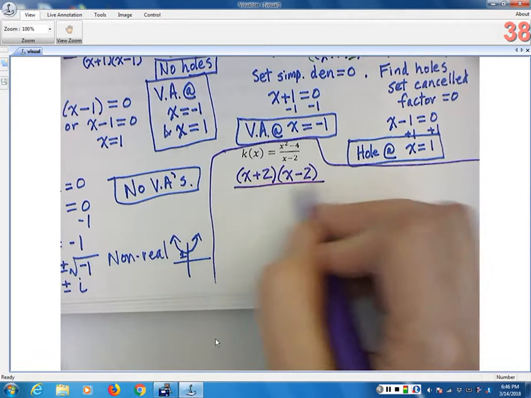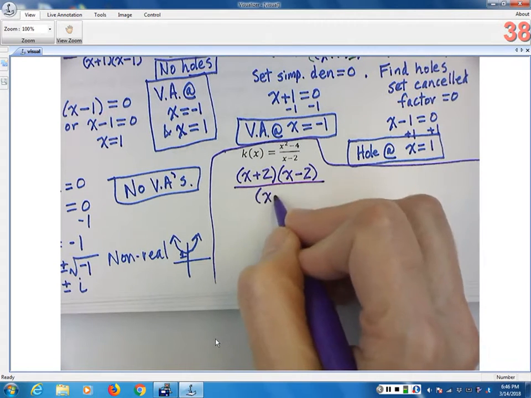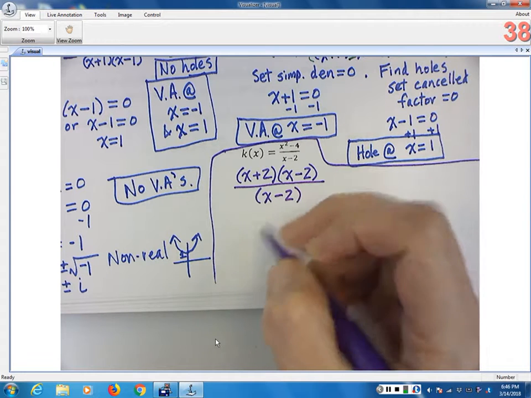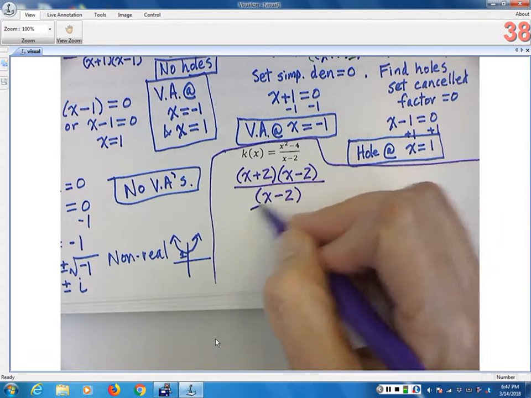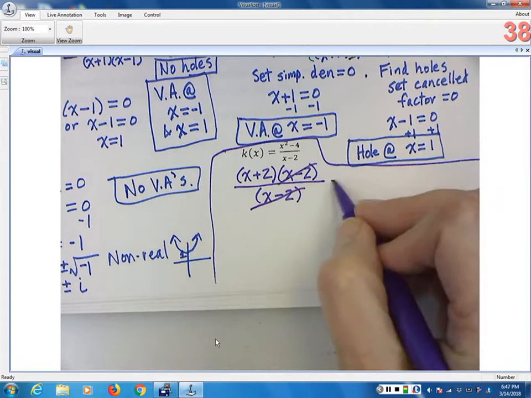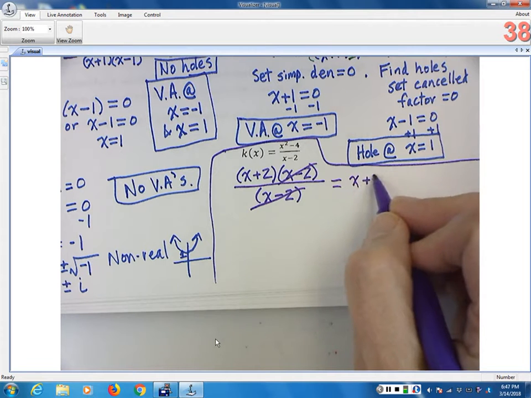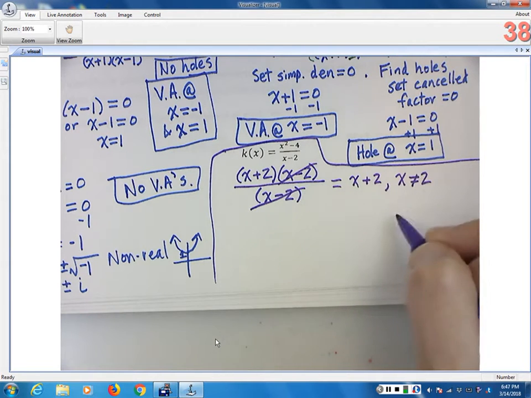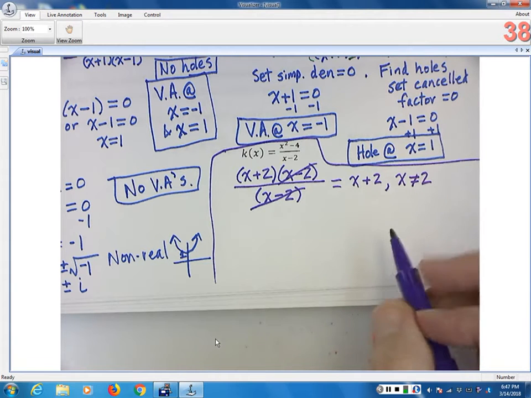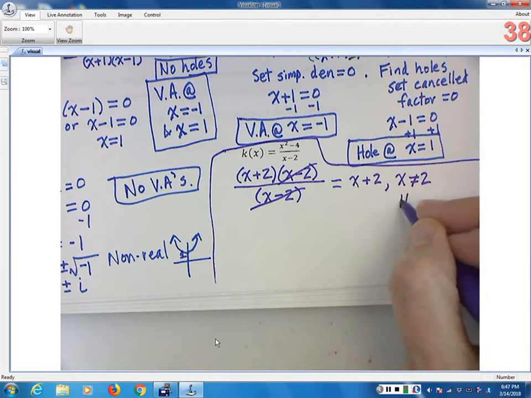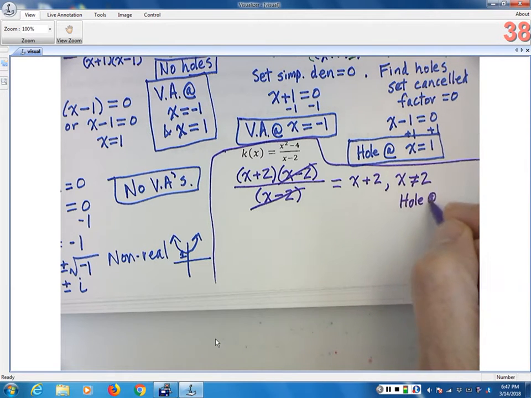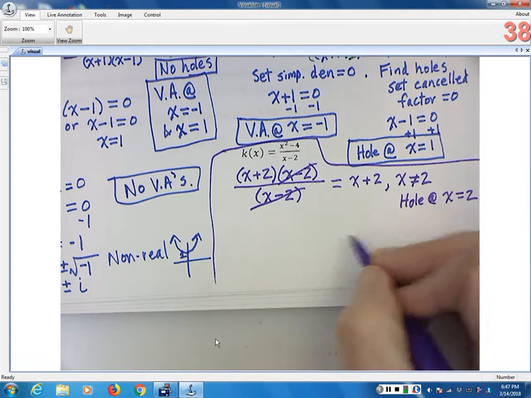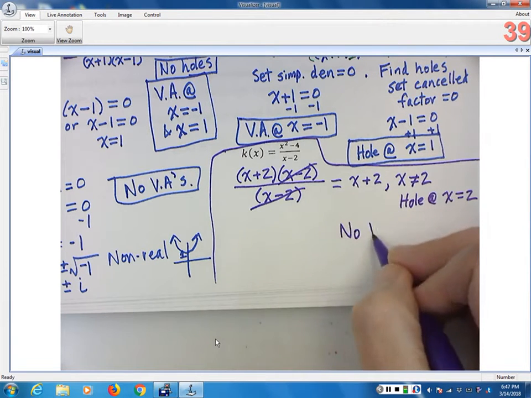That's over, and put parentheses around it, x minus 2. So we cancel that, and we get just x plus 2, but we can't let x be 2. And that's the hole. We have a hole at x equals 2, and we have no VAs.